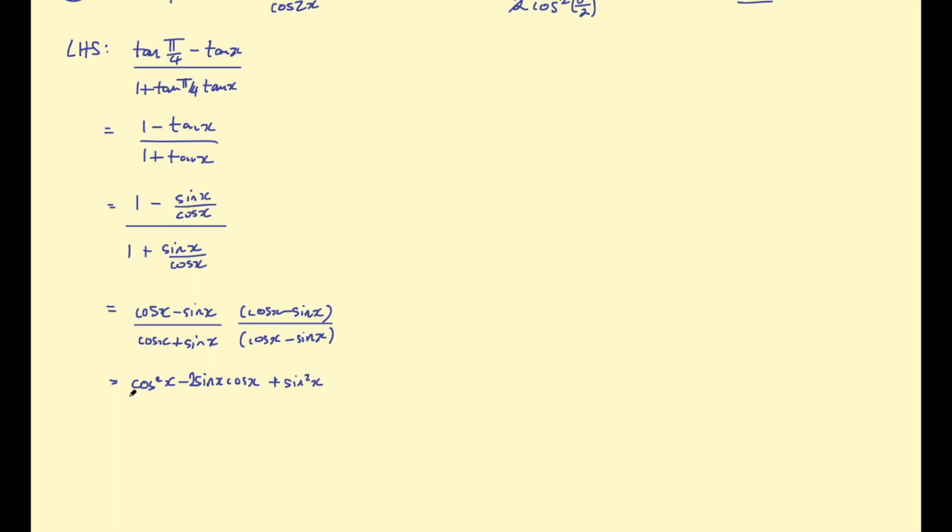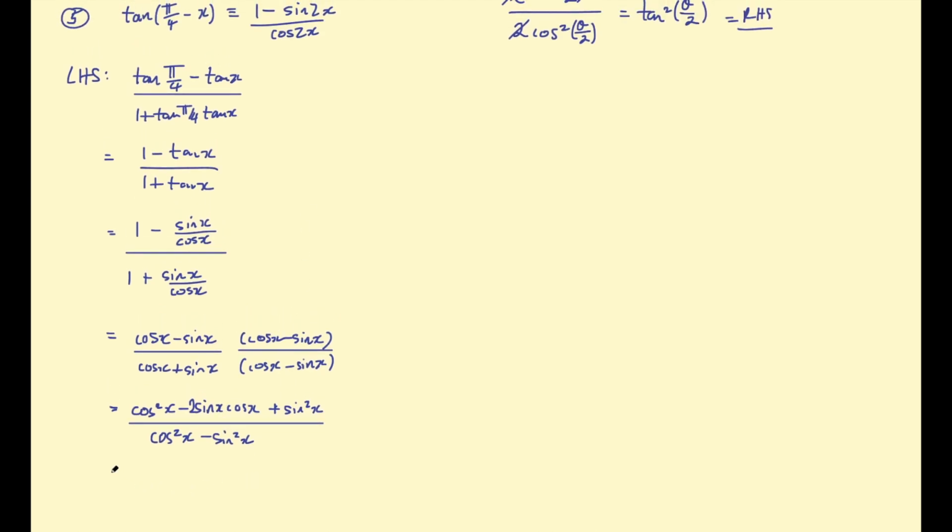In the denominator, as I said, we have the difference of two squares, so this is cosine squared x take sine squared x, and then we have cosine squared x plus sine squared x in the numerator. That's just 1, so that's going to be 1 take 2 sine x cosine x. That's the double angle identity for the sine function, so that's sine of 2x. And in the denominator, this was cosine of 2x, which is the right hand side. And we're done for that example.